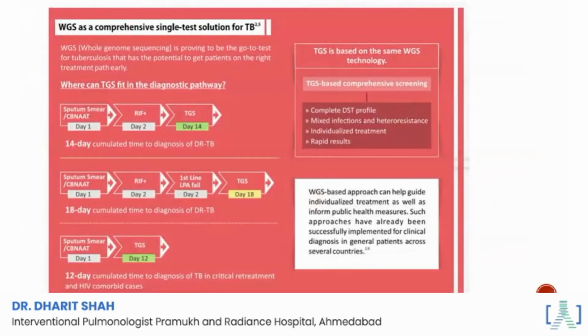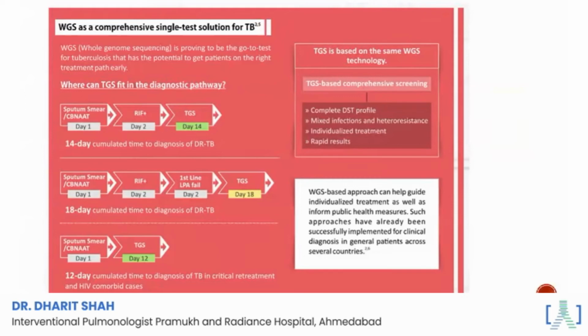Your next question is, how many days are required by WGS? This is the flow chart showing that WGS requires just 12 days. If your specimen has 100 nanogram of DNA, they will give you the report within 12 days only. If you collect a sputum sample and send it for smear, it will take either 2 hours, or some laboratories in the government setup take 2 days to send a smear report.